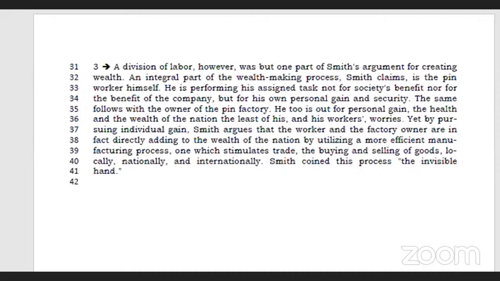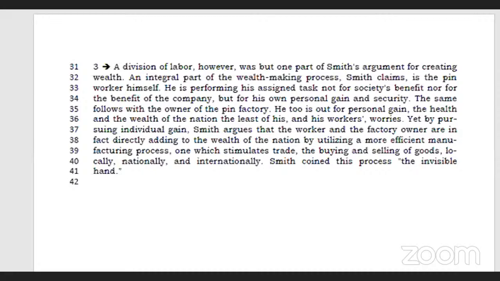He too is out for personal gain, the health and the wealth of the nation the least of his and his workers' worries. Yet, by pursuing individual gain, Smith argues that the workers and the factory's owner are in fact directly adding to the wealth of the nation by utilizing a more efficient manufacturing process, one which stimulates trade, the building and selling of goods, locally, nationally, and internationally. Smith coined this process the invisible hand.